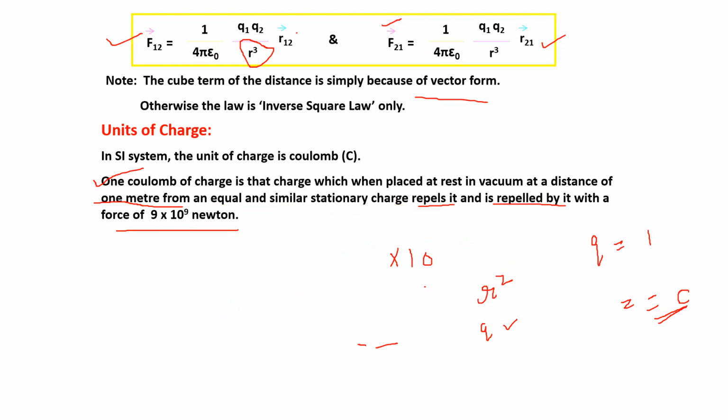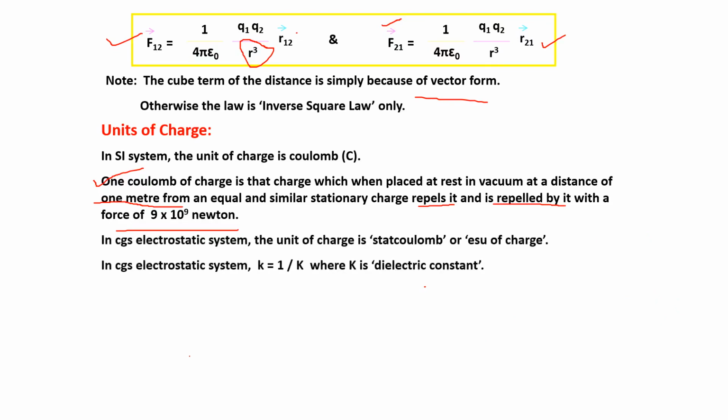In the CGS system, the unit of charge is the stat coulomb, or electrostatic unit of charge. In the CGS electrostatic system, K is equal to 1 for vacuum, so we can write F equal to Q1 Q2 upon R square.